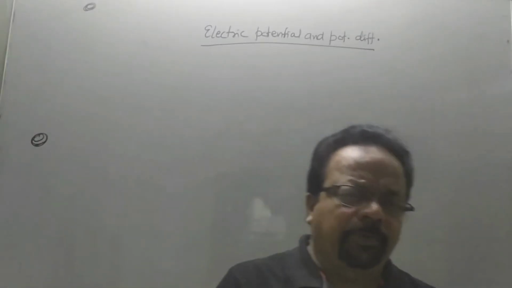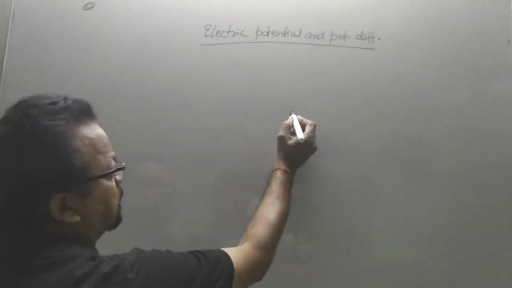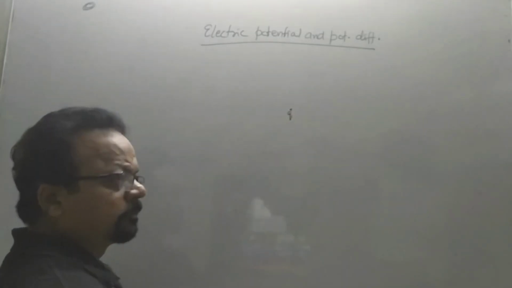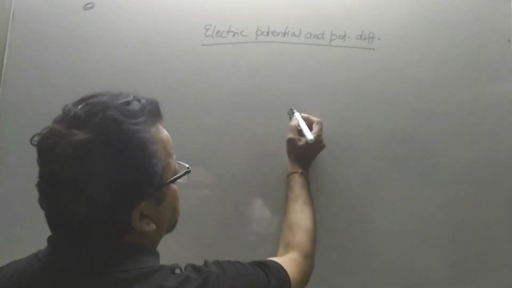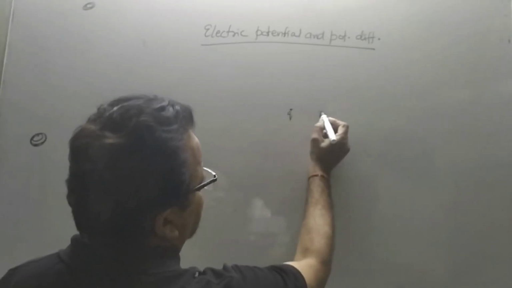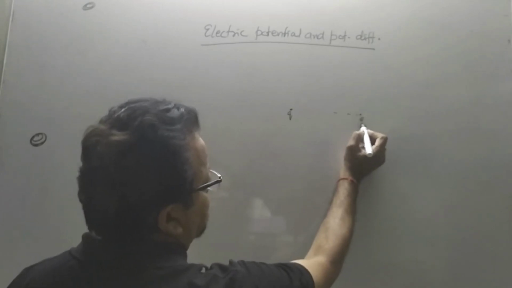To discuss the potential difference or potential, first we discuss electric field. We know that a charge Q exerts electrostatic force on another charge Q naught.